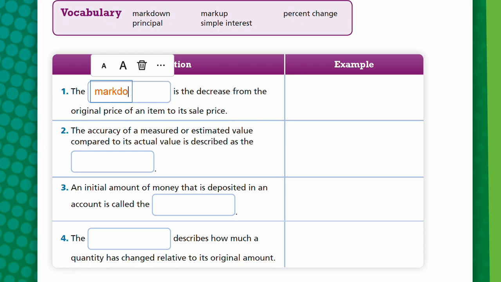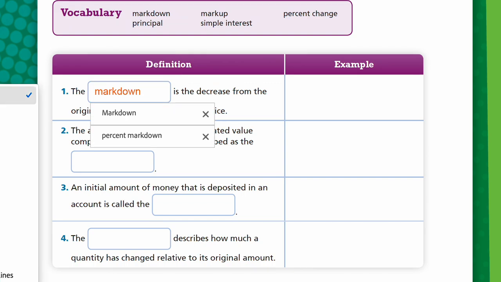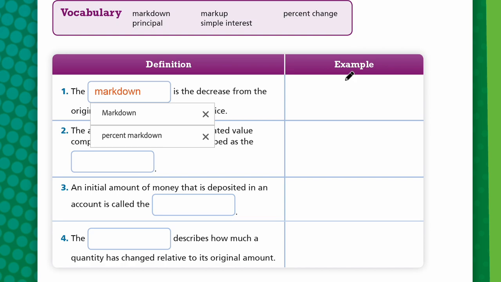What's an example of a markdown? For example, if you want to buy a t-shirt with an original price of $20 that is marked down 20%.